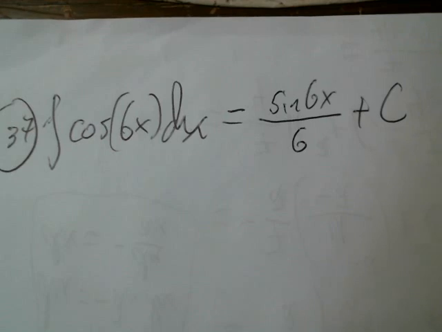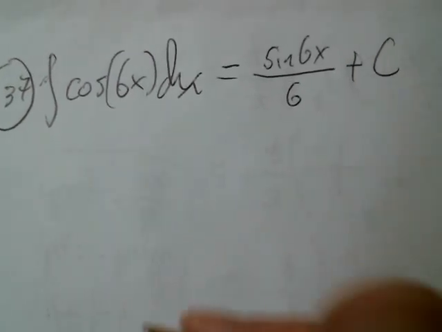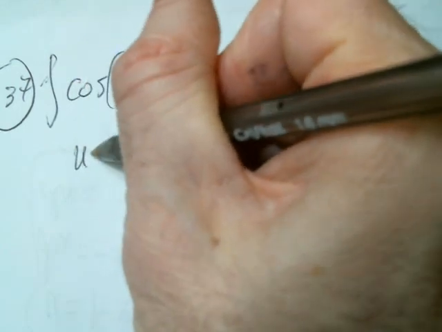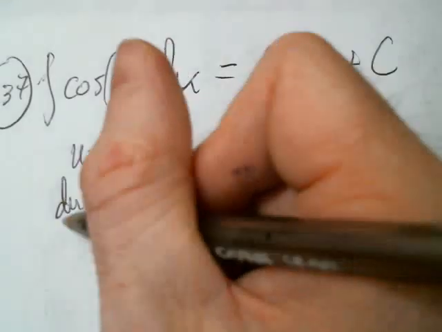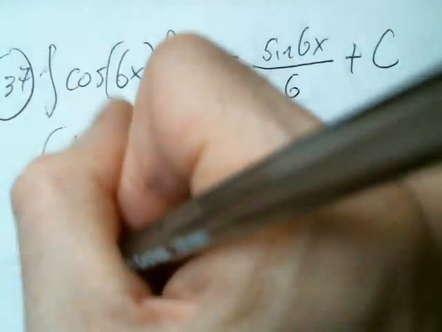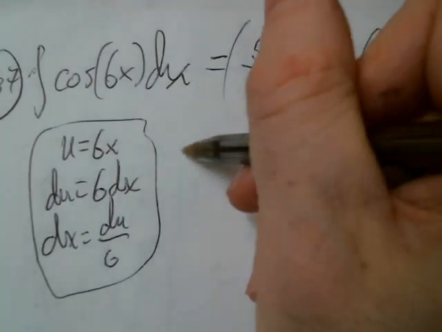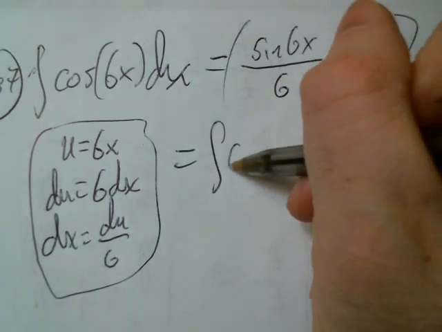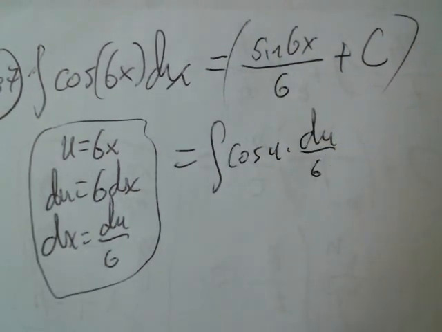If you don't like that, if you don't feel safe doing that, which by all means, I never did, do a u sub. So let u equal 6x, and then du will be 6 dx, and then dx, of course, is just du over 6. So I can rewrite my integral now as cosine of u times dx, which is now du over 6.